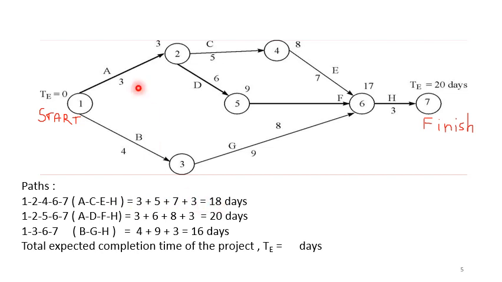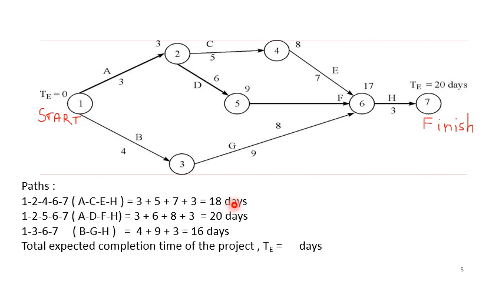That will be 3 plus 5 plus 7 plus 3, that will come to 18 days. So the first path identified is ACEH, or 1, 2, 4, 6, 7, which gives you 18 days.